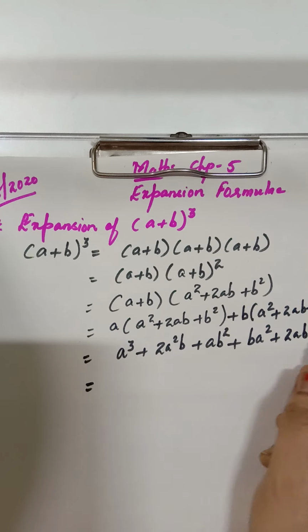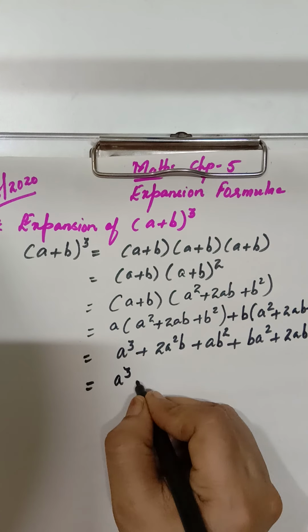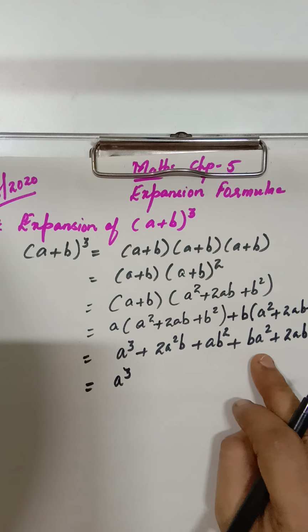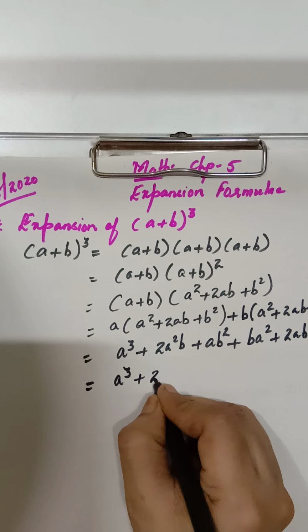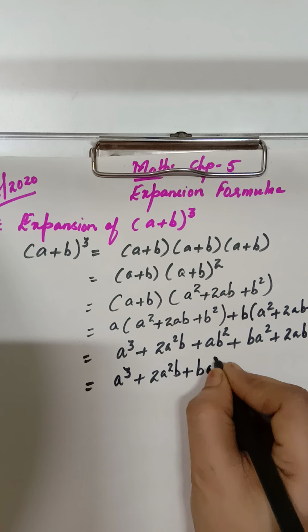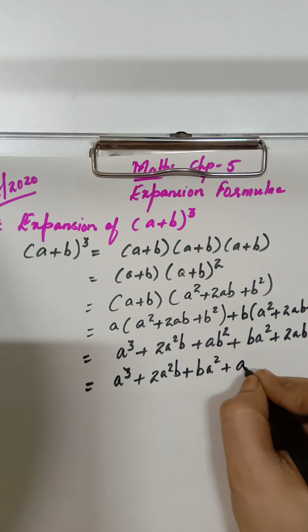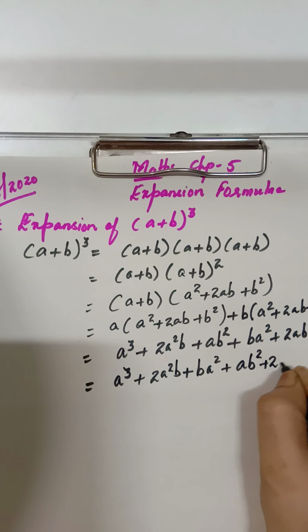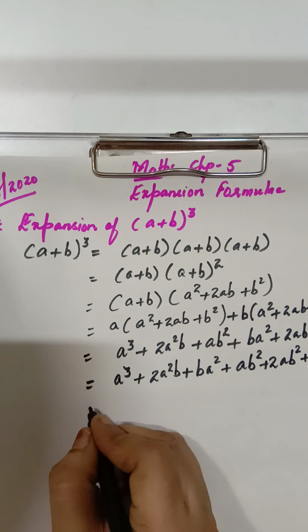Now see children, a³ and b³. Now 2a²b, and here is also one more a²b term, so bring them together: 2a²b plus ba² plus ab² plus 2ab² plus b³.